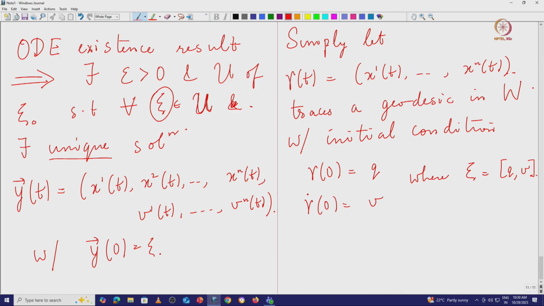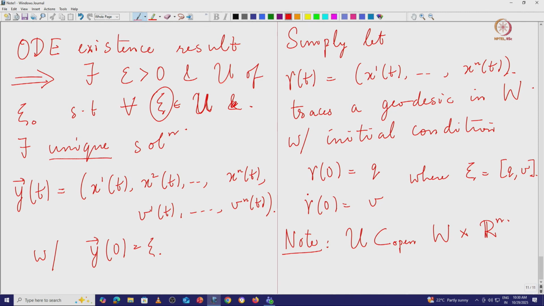All right, so then note that U is an open subset of V cross R^n.